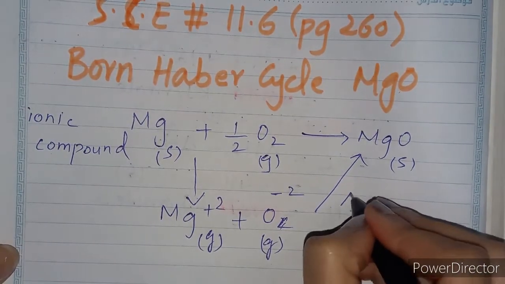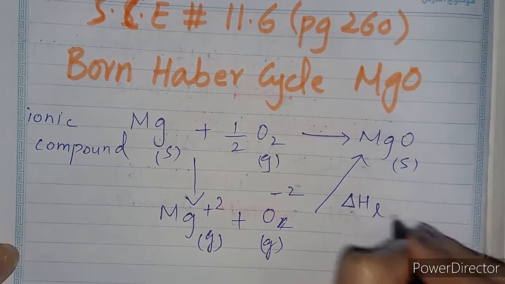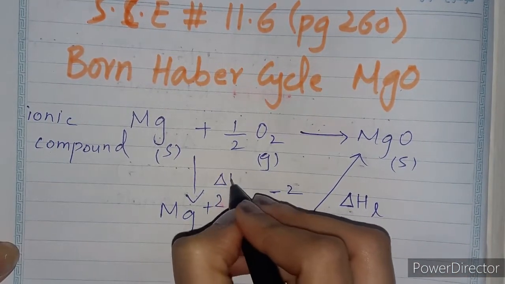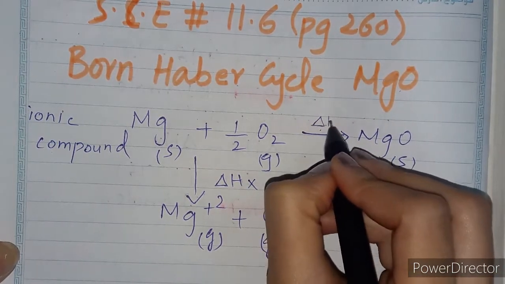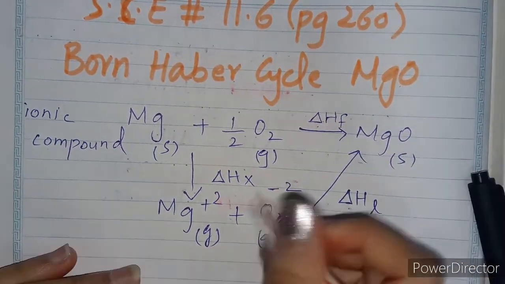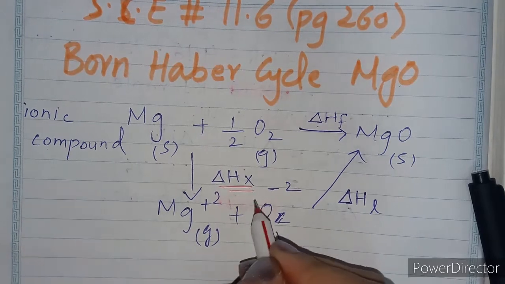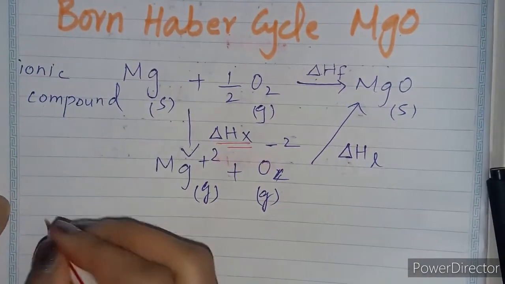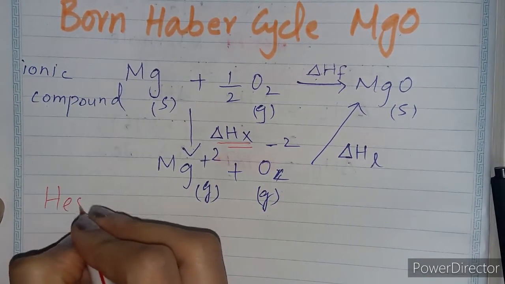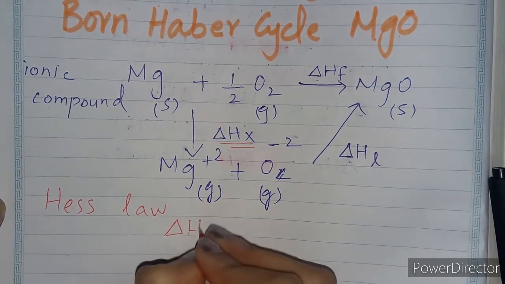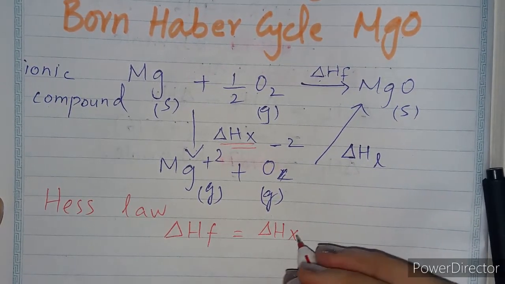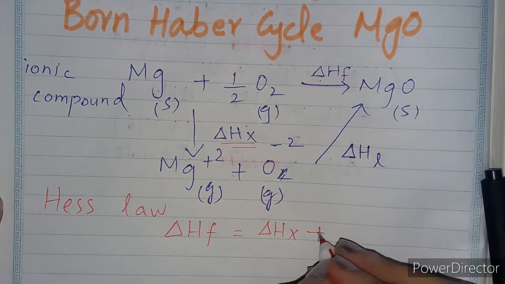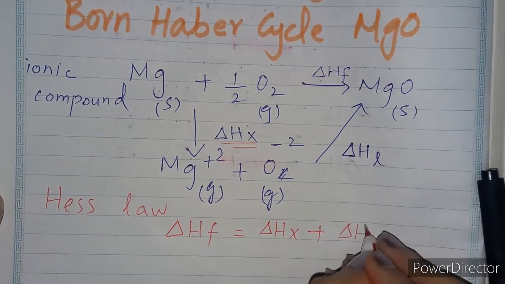Here is the enthalpy of lattice energy, here the enthalpy of ΔHx, and here the enthalpy of formation. We have to calculate ΔHx according to Hess's law. ΔHf is equal to ΔHx plus ΔHL.